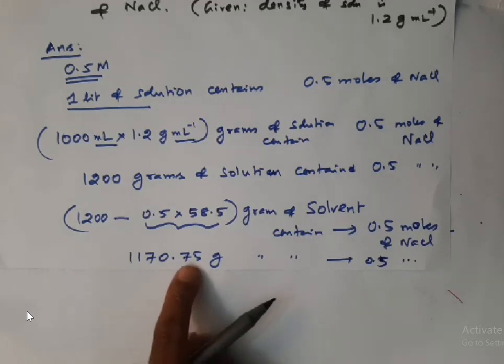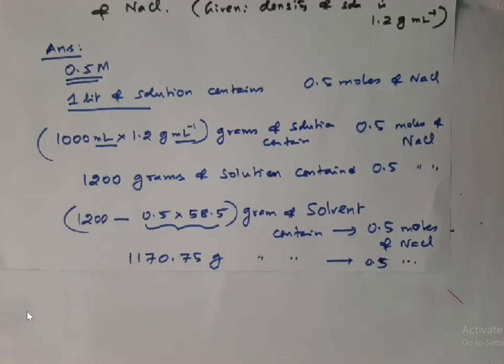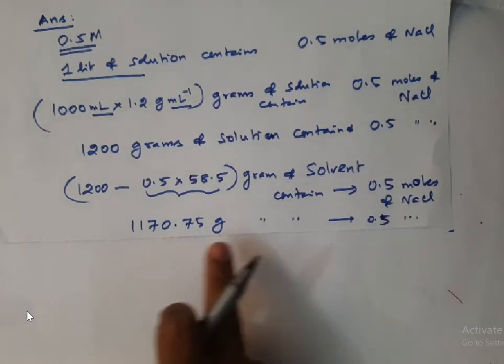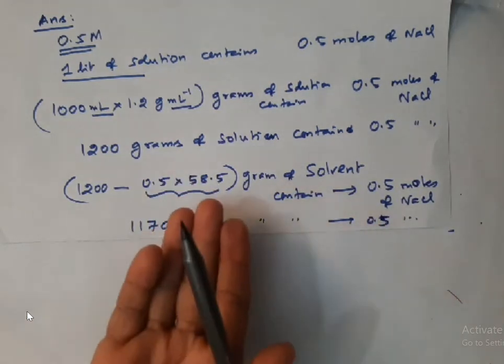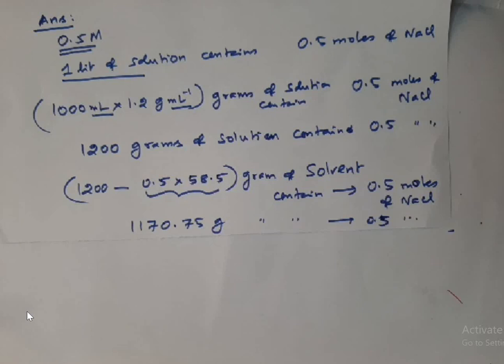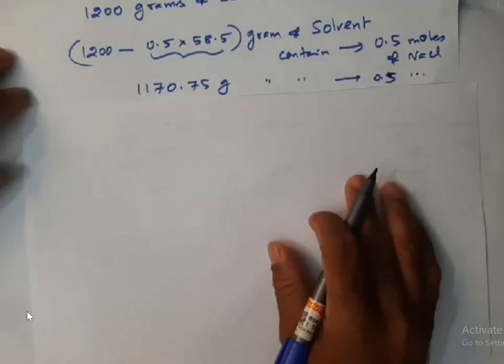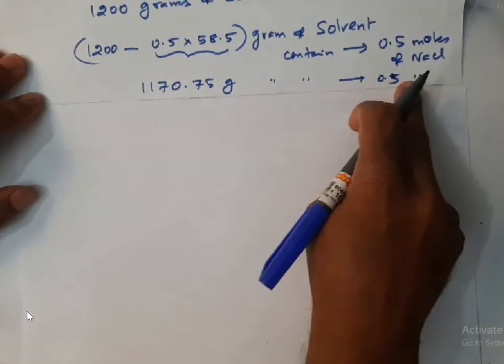This much gram of solvent contains 0.5 moles of sodium chloride. What is molality? In 1170 gram of solvent, I have this many moles. We have to find out in 1000 grams of solvent how many moles are present. That is nothing but molality. So 1170.75 gram of solvent contains 0.5 moles.